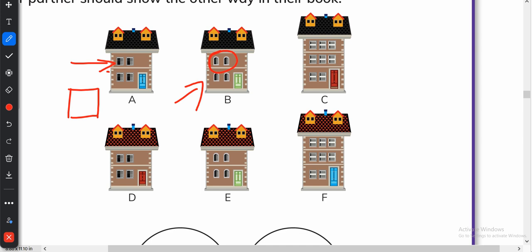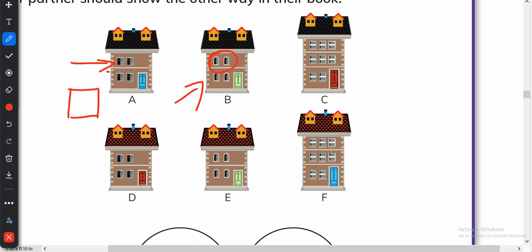So we can give the labels windows with straight lines and windows with curved lines. That's also a long title label, but it's okay.